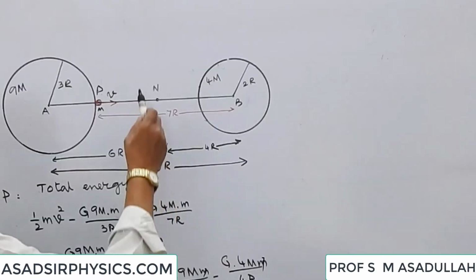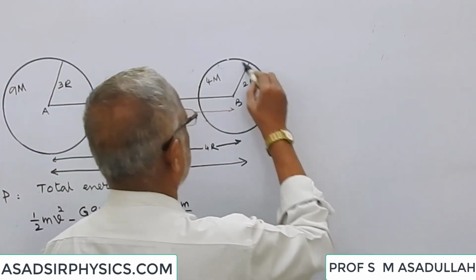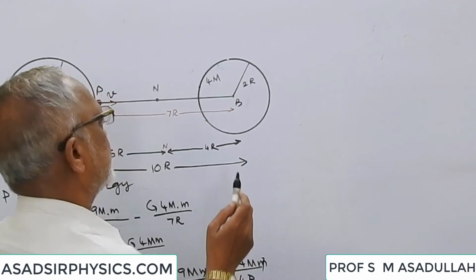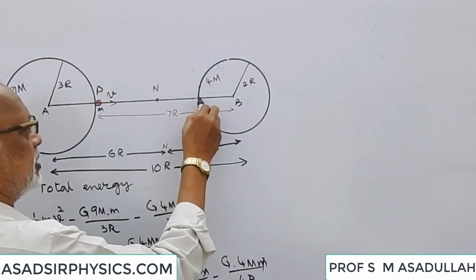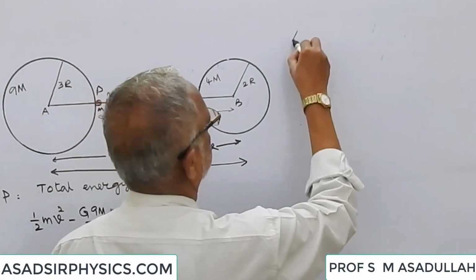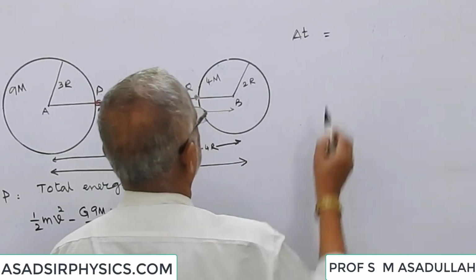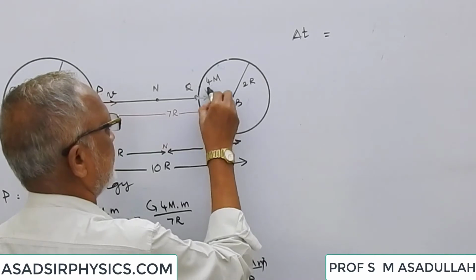Now you can find with what velocity it will reach the planet B. Suppose the velocity is v1. The total energy at the surface of B must be made equal to the total energy present at N. Suppose this point is Q. At Q, the body reaches with a velocity v1.